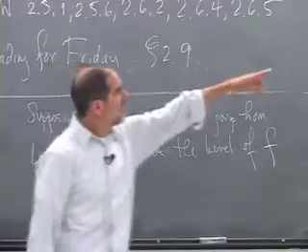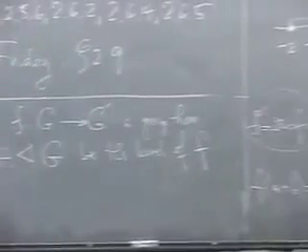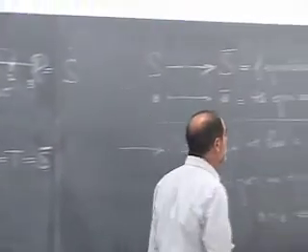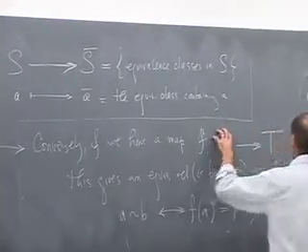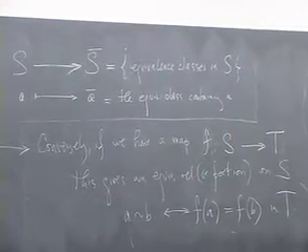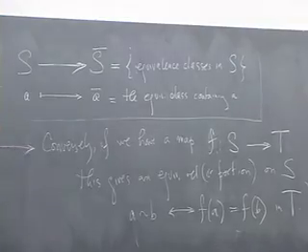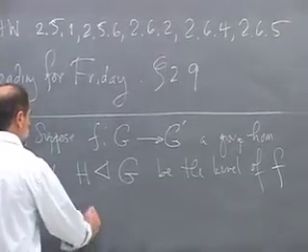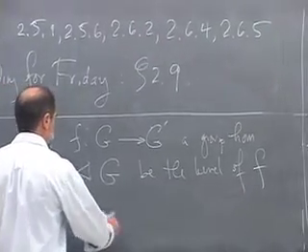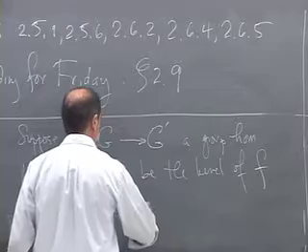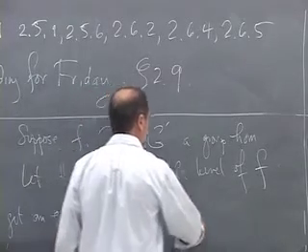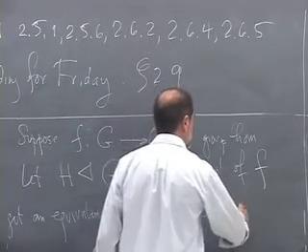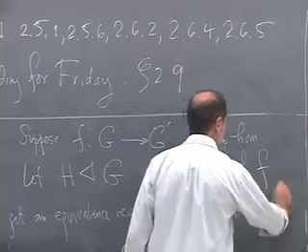Apply this converse construction to that map of sets, where S is G and T is G prime.